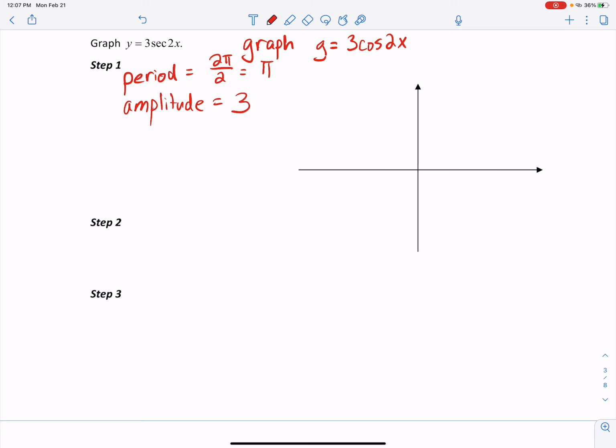All right, so we're going to graph our cosine function. I got 2 pi, then I cut it into fourths. I got pi over 2, and 3 pi over 2. My amplitude is 3. I'm going to bring that down just a bit because we're going to graph above and below it. I have all the information now to graph the cosine.